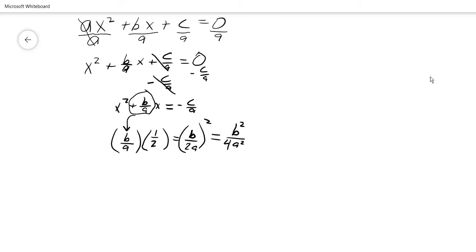Now we add this to each side. This side is x squared plus b over a x plus, here's our b squared over 4a squared. Here's the equal sign. Don't forget that negative c over a, but I'm going to go ahead and put this b squared over 4a squared. Now that's really sloppy.